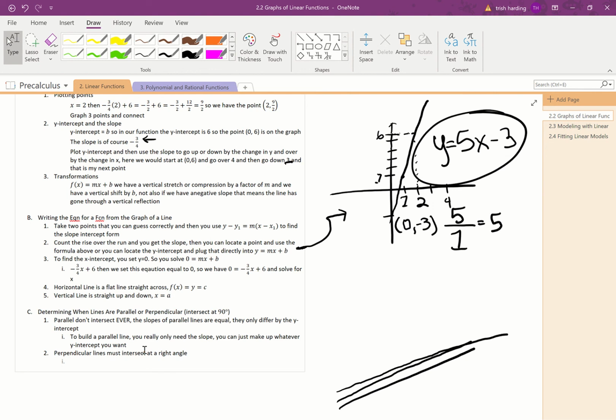So what we're going to do here is define a negative reciprocal. And that is the value that when multiplied by our original value, we get a -1.